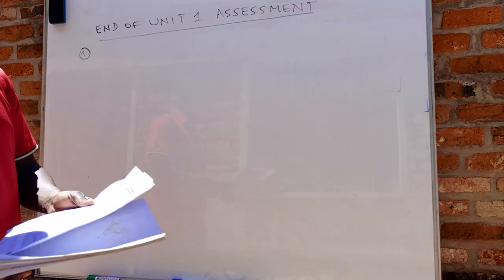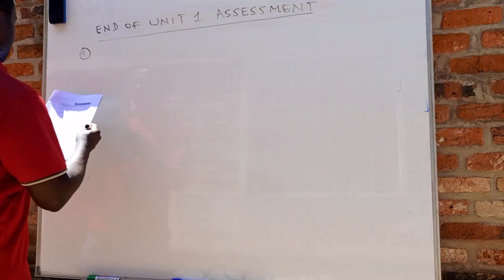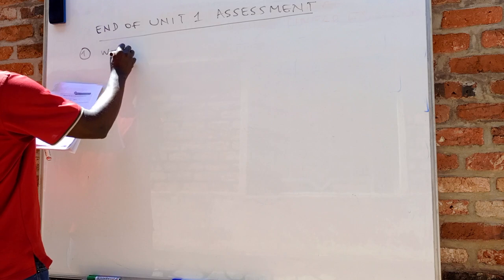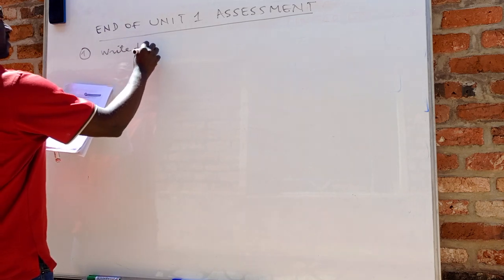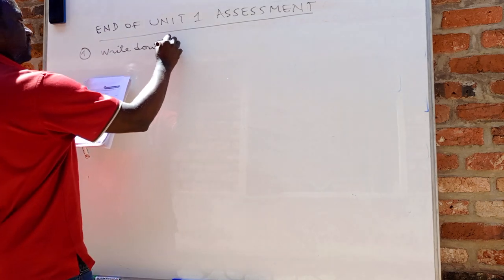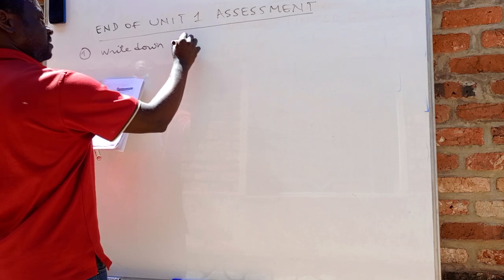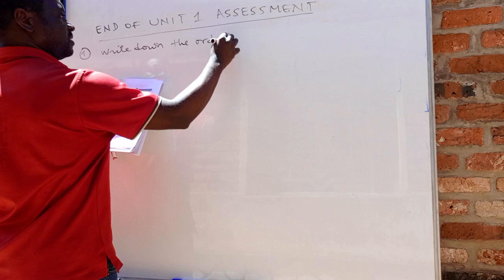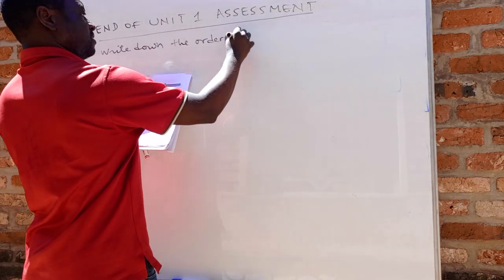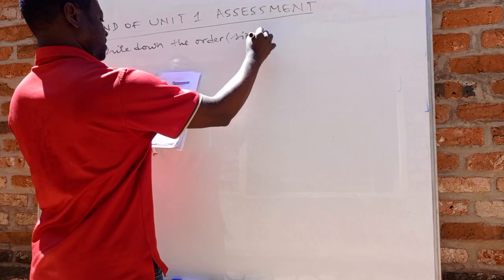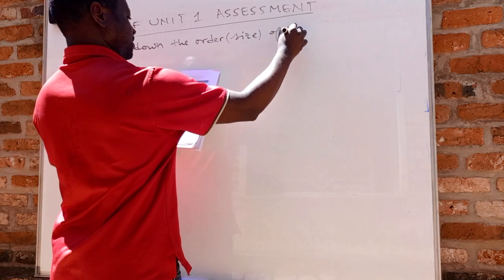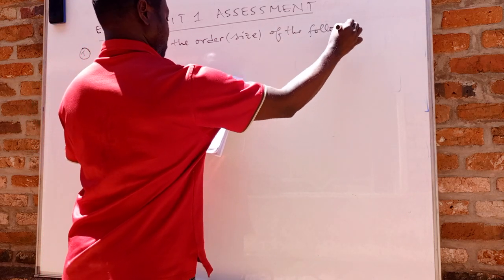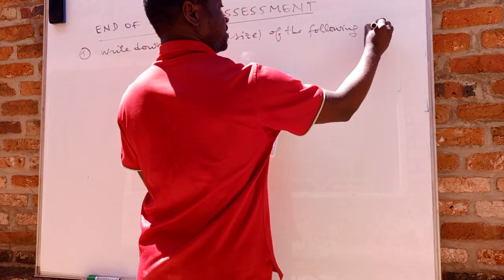Okay, so now question number 1 is: write down the order, or size, of the following matrices.